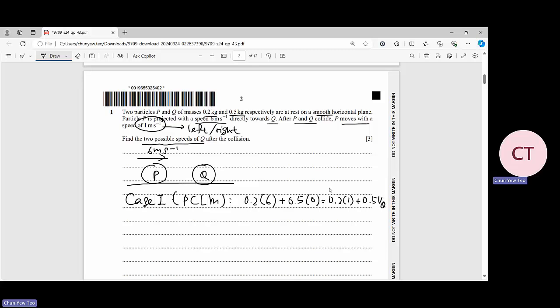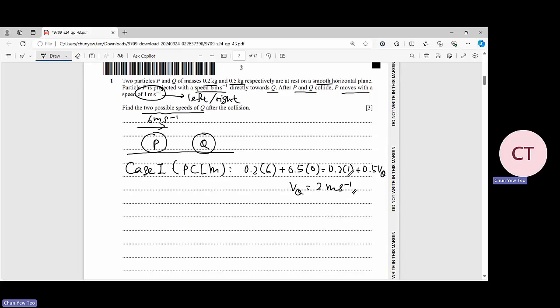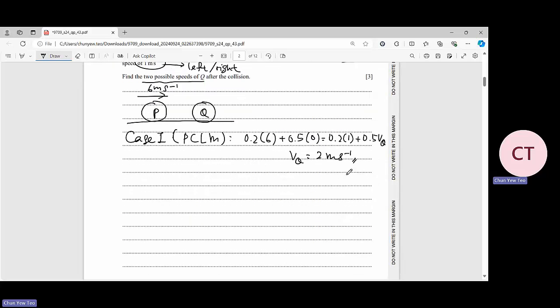Here I assume that P goes at 1 meter per second to the right hand side, to the positive direction. So from here, just press the calculator, you can find that vQ is actually 2 meters per second. This is one of the possible values of the speed of Q after the collision.